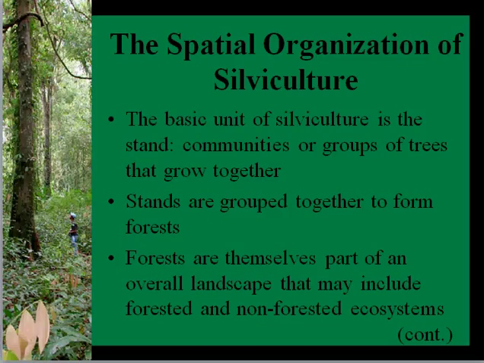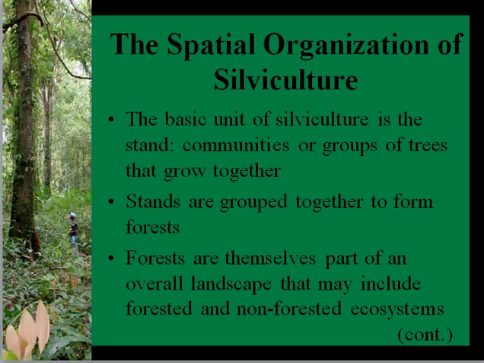So the forest is broken up into these smaller basic units, and this is quite often known as a stand, and I'm going to talk about stands in this lecture. So what is a stand? It's basically an area of the forest which contains a community or a group of trees which grow together in a particular part of the forest. All those stands grouped together form the overall forest.